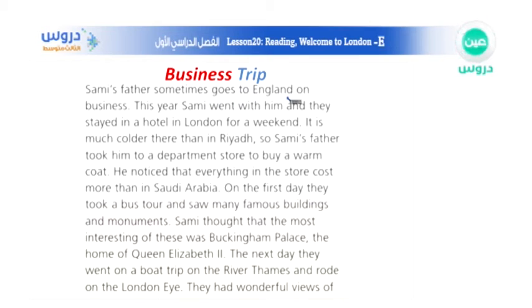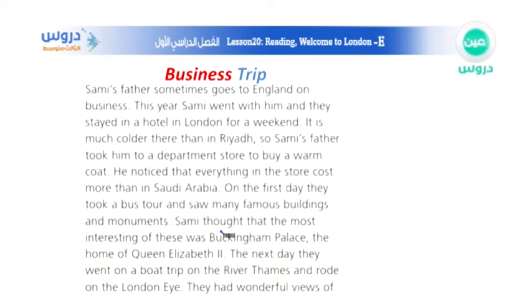Okay. Sammy's father sometimes goes to England on business. This year, Sammy went with him and they stayed in a hotel in London for a weekend. It is much colder there than in Riyadh, so Sammy's father took him to a department store to buy a warm coat. He noticed that everything in the store cost more than in Saudi Arabia. On the first day, they took a bus tour and saw many famous buildings and monuments.